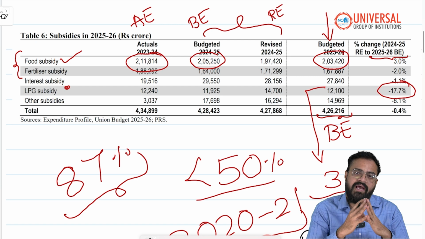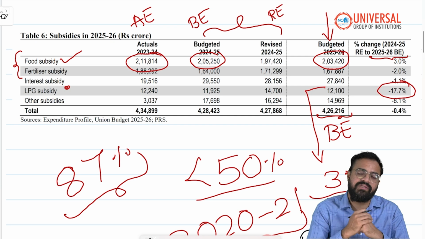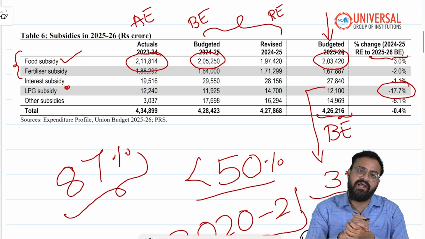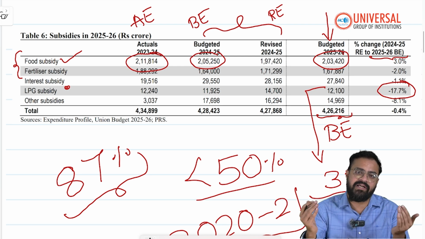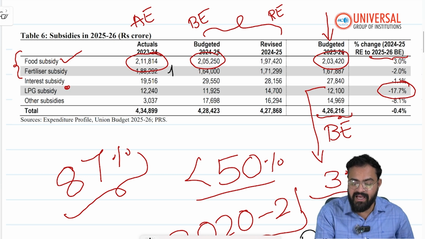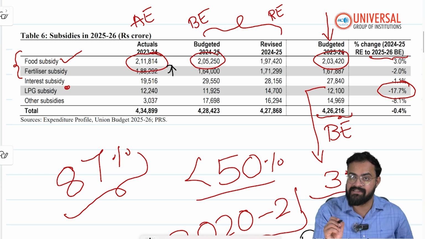Now, this natural gas import was affected when Russia invaded Ukraine. That happened in February 2022. During that period, the prices of natural gas in the international market increased. As a result, the prices of all these fertilizers increased in the international market. As a result of that, the fertilizer subsidy increased.